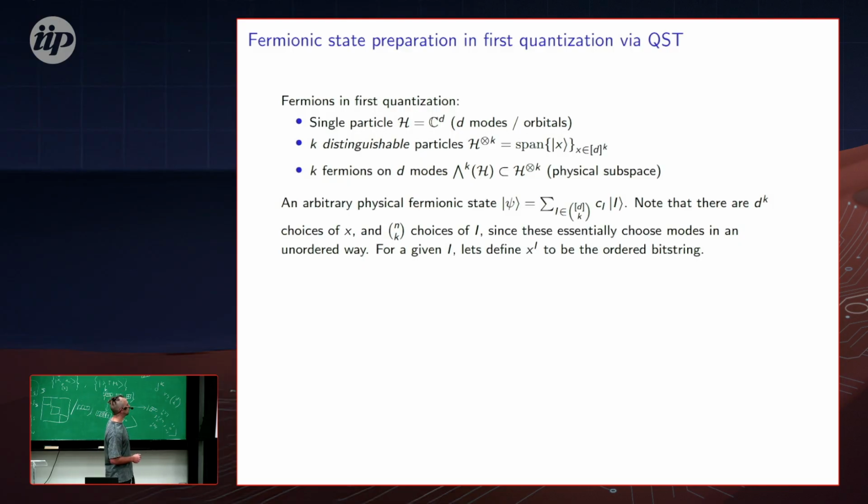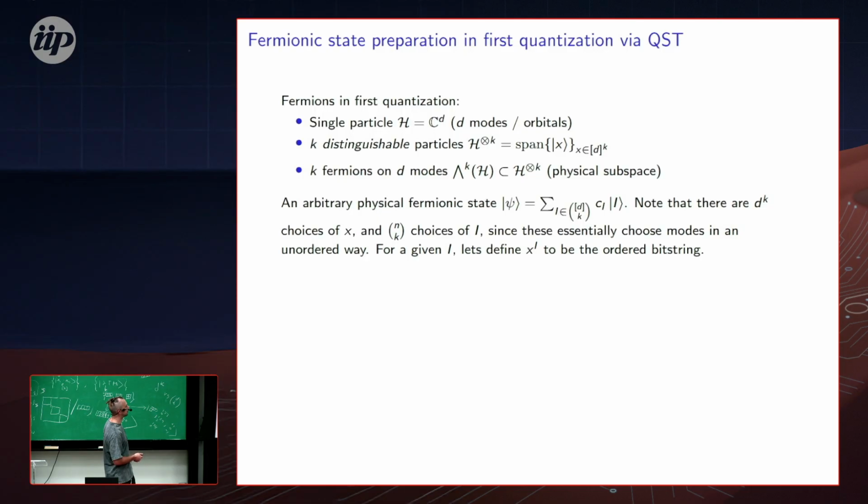So an arbitrary physical fermionic state has this form. For every choice of an order k subset of the d modes, I need to choose where I'm putting the particles, which orbitals will be occupied. So I need to choose k things out of d. For every choice, there's a possible basis state, and there's a possible coefficient. Those are the physical states.